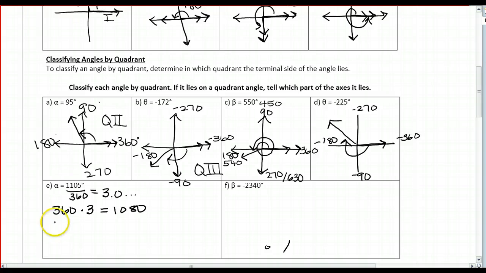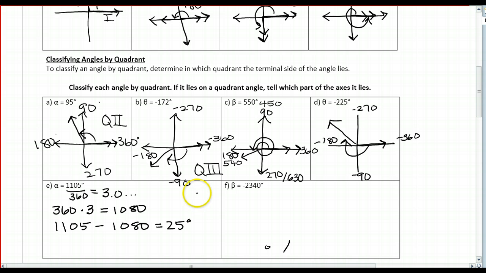Well, I'm going to take 1105 and subtract 1080 to figure out what's left over and where I'm going to land. So 1105 minus 1080 is 25 degrees. Do you know where 25 degrees is?